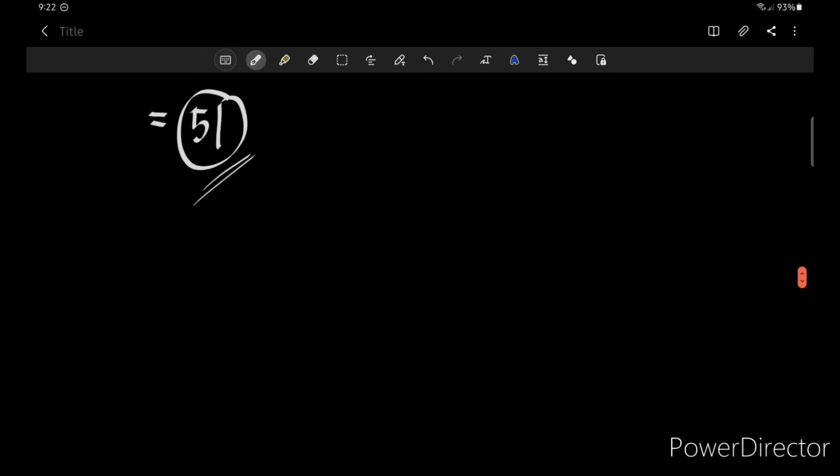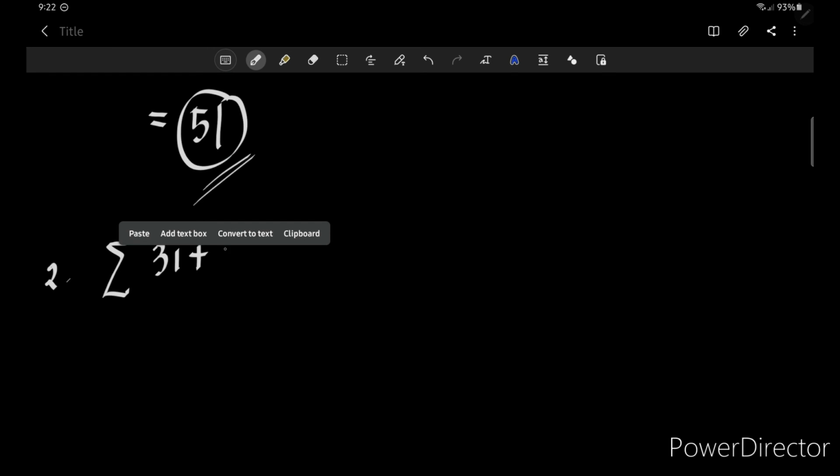Next example, number 2. Halimbawa, meron tayong summation of 3i plus, let's say, i over i, where i ranging from 2 to 5.